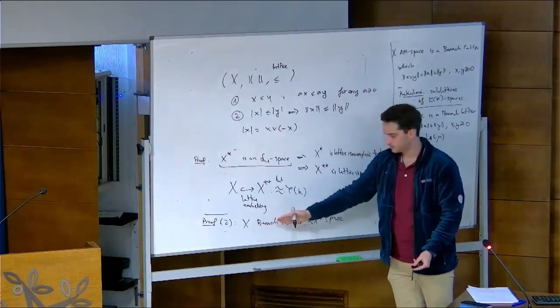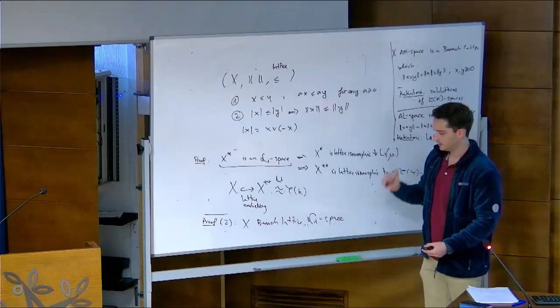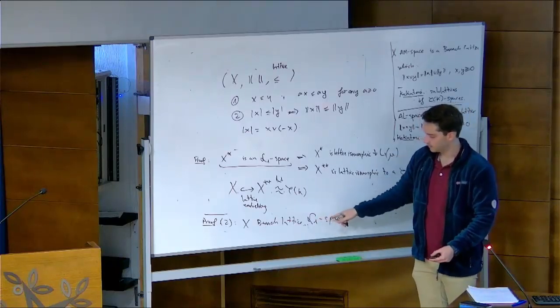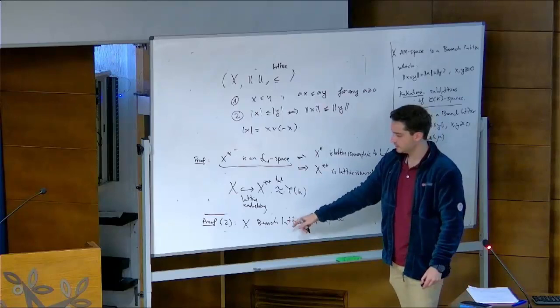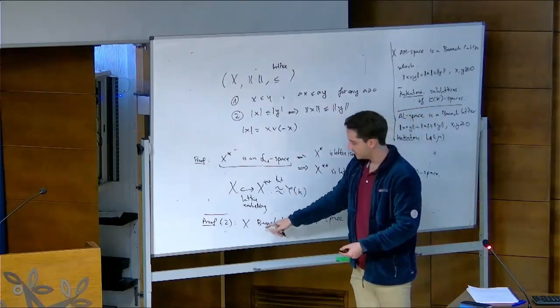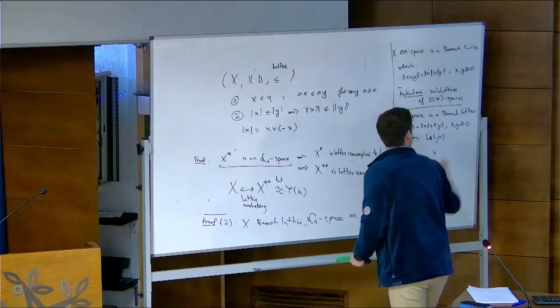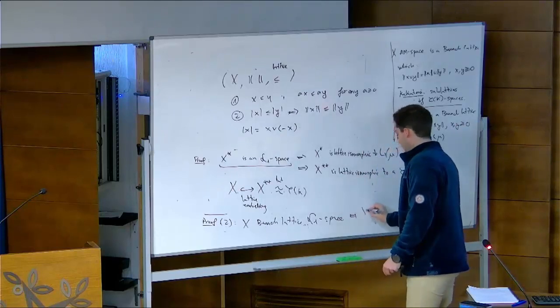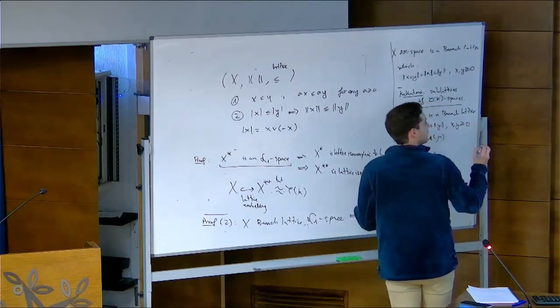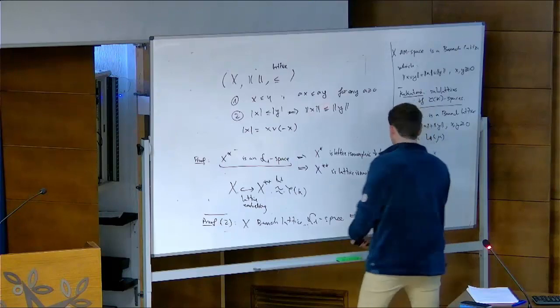Since it is complemented in an L1 space, it's a script L1 space, and since it's also a Banach lattice, by the main theorem, X is isomorphic to an L1 space.